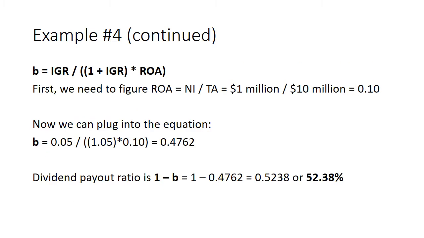Now to conclude our final example, we have B is equal to IGR divided by open parentheses 1 plus IGR close parentheses times ROA close parentheses. And so the first thing we need to do is figure out ROA, because we were not given ROA, but we were given net income and total assets, and it's 1 divided by 10, or 0.10.